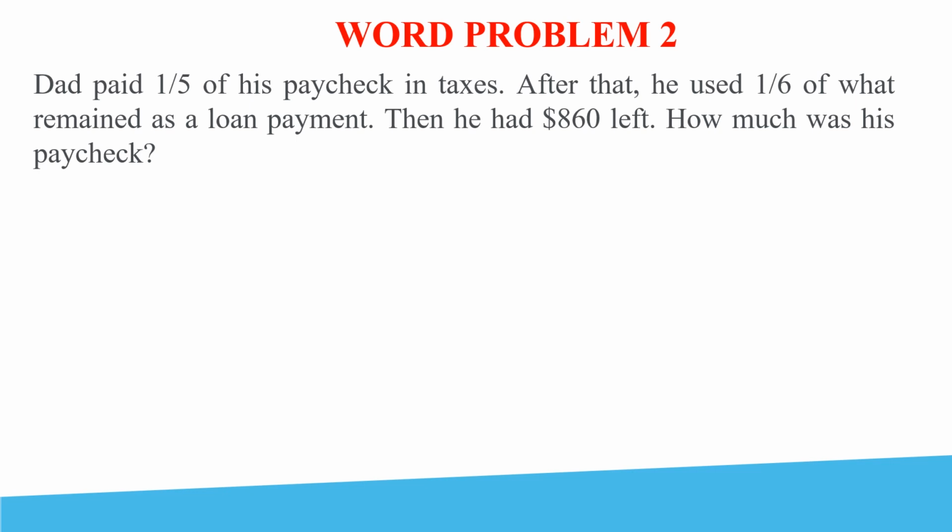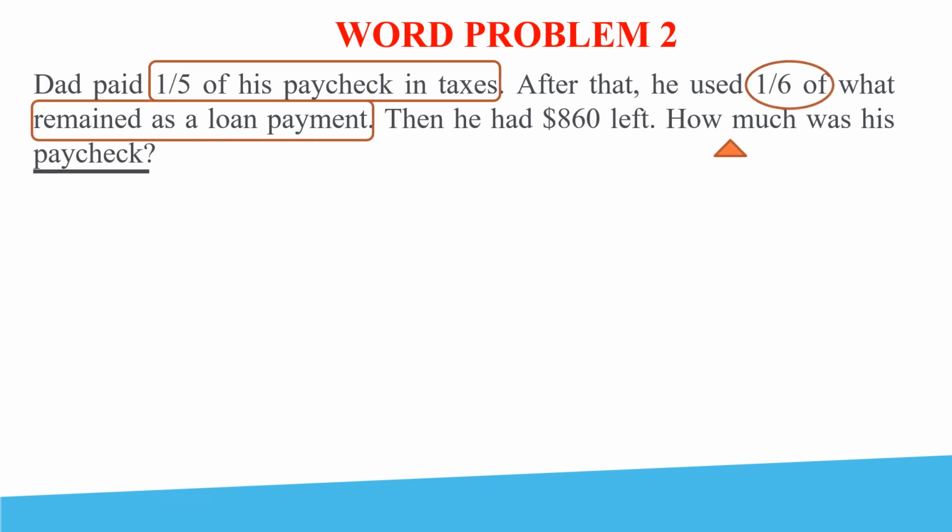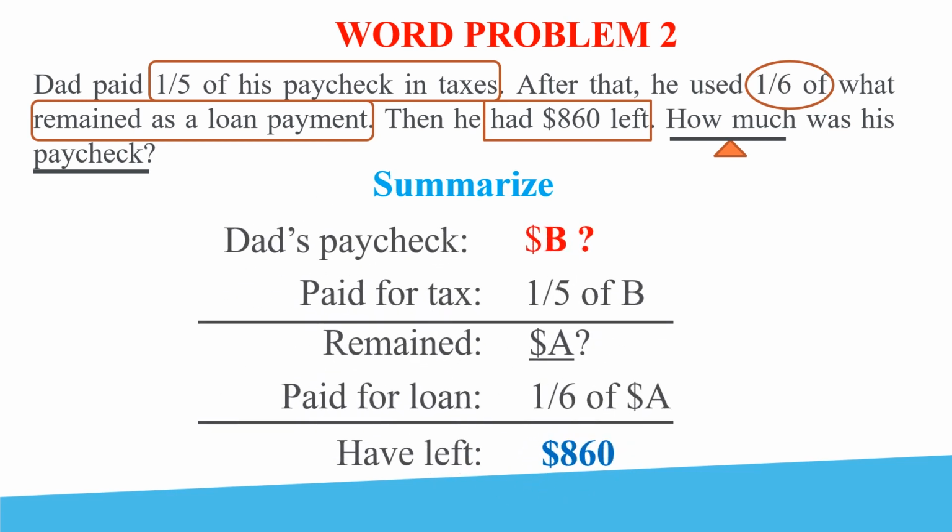Let's see. The first thing that we do, we point out and we highlight the key points. So, how much money does he have at the end, the paycheck, the payment in taxes and the payment of loan. Now, next we are going to summarize the key points.